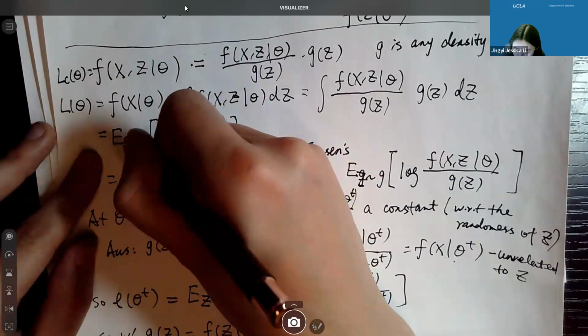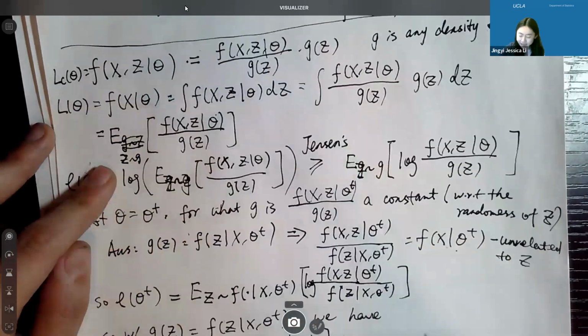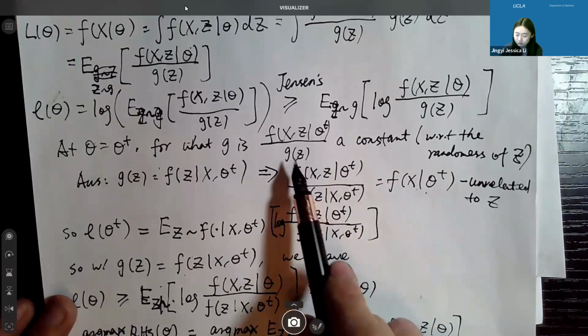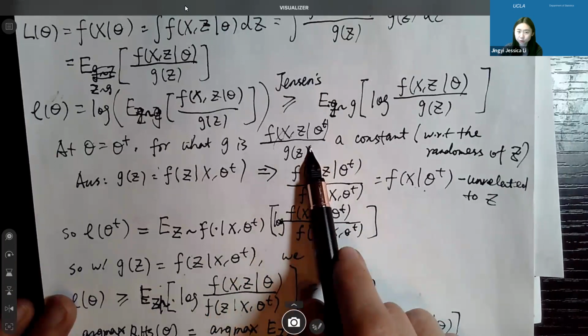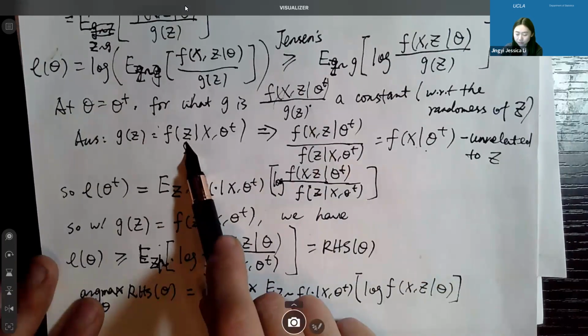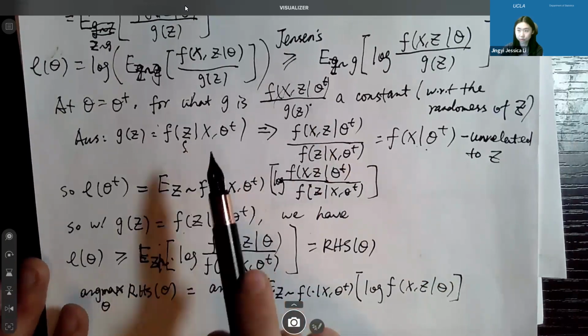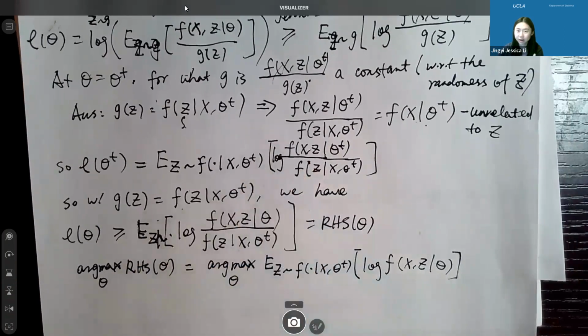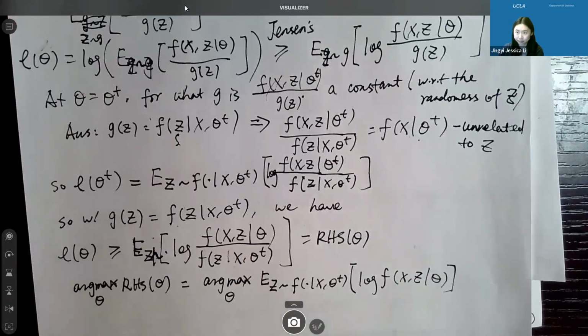It should be z follows g. Any g can have this Jensen's inequality hold. But to make the tangency hold, we need this ratio to be unrelated to z. And we found that if we let z follow this conditional distribution given x given theta t, then this ratio is not related to z. So therefore, we have that minorization satisfied in the MM algorithm.